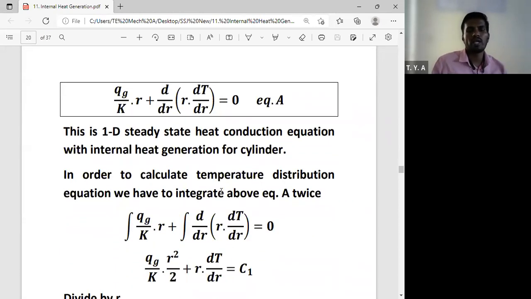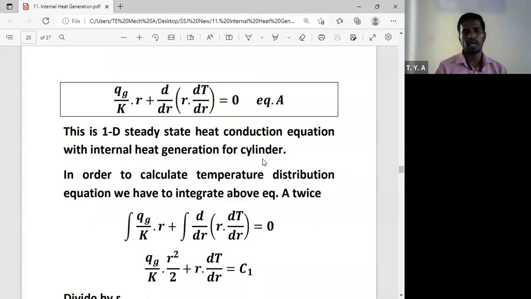So write down, in order to calculate the temperature distribution equation, we have to integrate the above equation A twice. Take the integration 2 times.